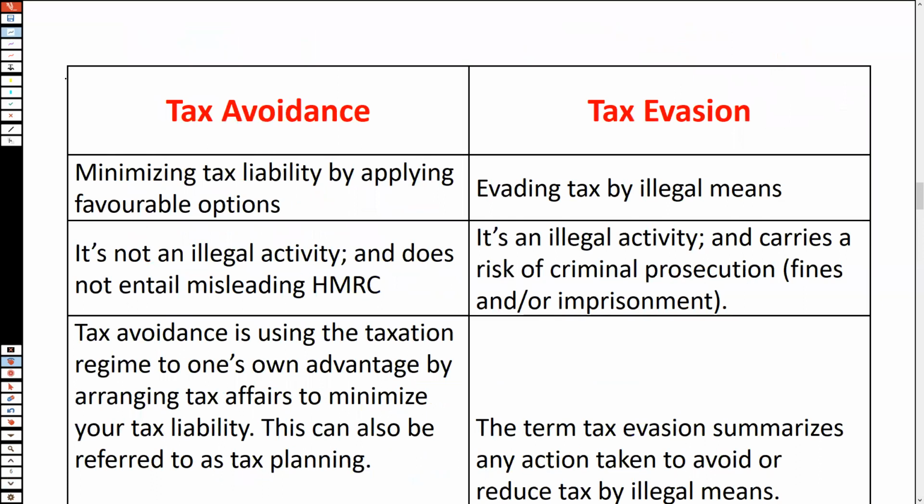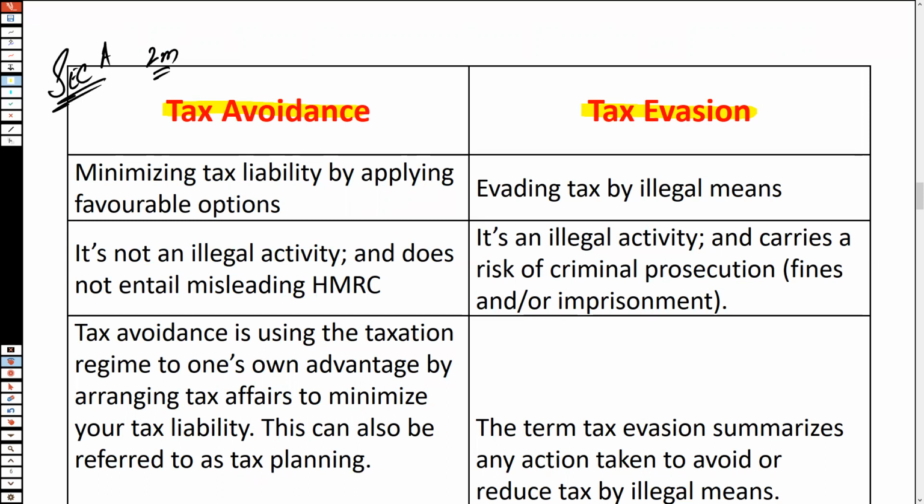2 terms are here, and in section A, this question can be asked for 2 marks. Examiner will ask which of the following correctly describes tax evasion and tax avoidance. Then you need to select the correct answer. What is tax avoidance? What is tax evasion?